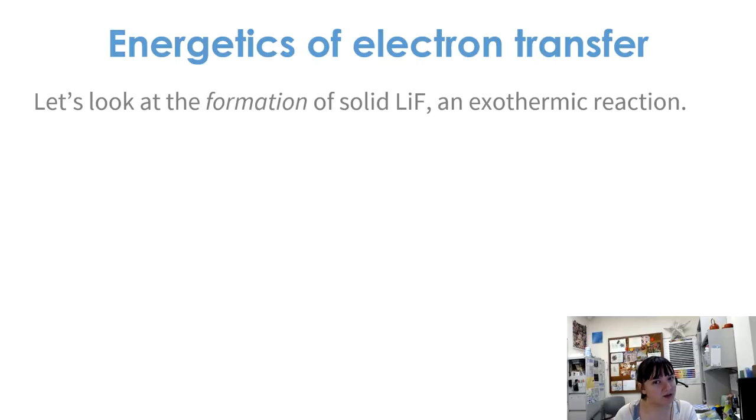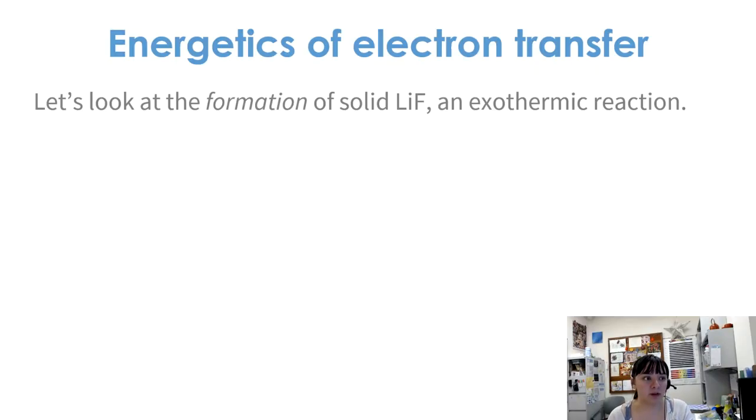And we can think about this formation in different steps and different pieces and see how they all add up together. So first, I want us to consider the things that we talked about before, taking our original elements, lithium and fluorine, and turning them into the ions that make up lithium fluoride.